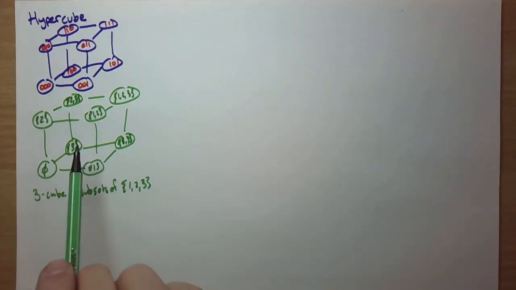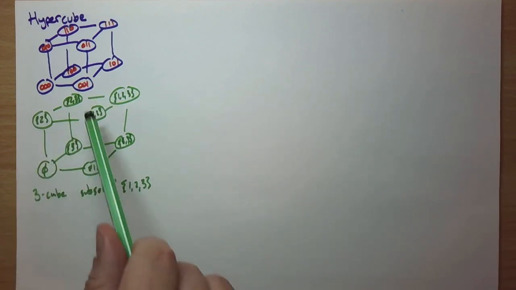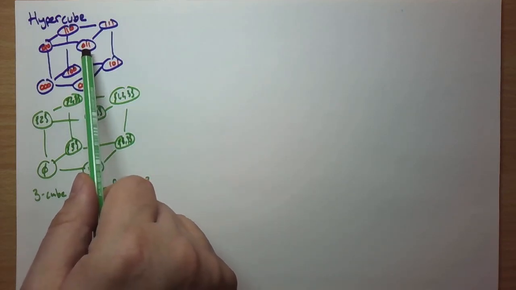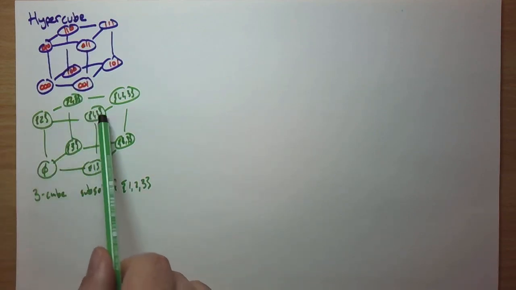Then you say two are adjacent if and only if they differ in one element. And it's easy to go back and forth: you have your element 1, element 2, element 3, and then there's my set.